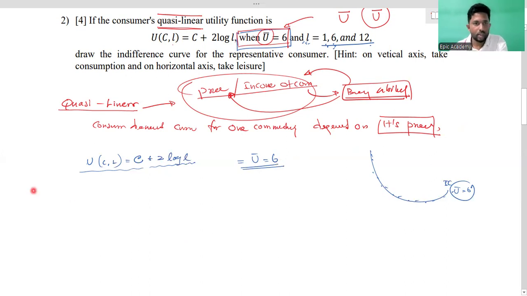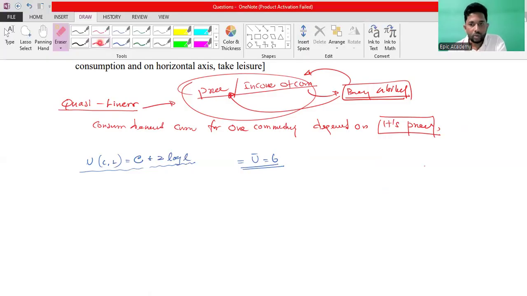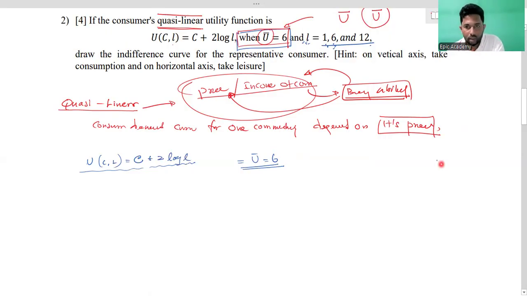First of all, I'm going to create a table for that. L values from 1, 6 and 12. Then you are going to calculate the C value. You got that the utility value here always becomes 6. Then what happened?